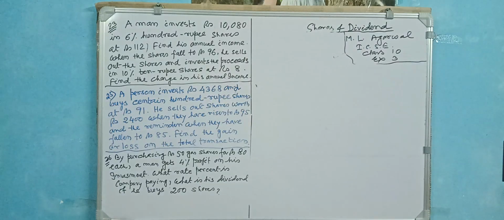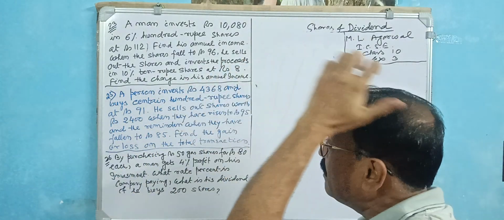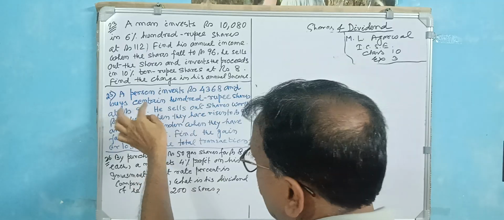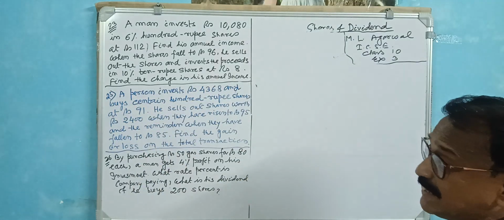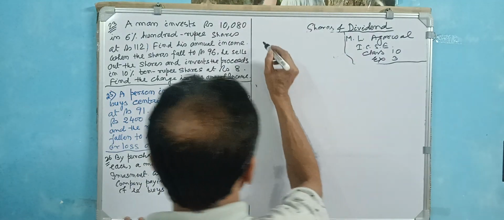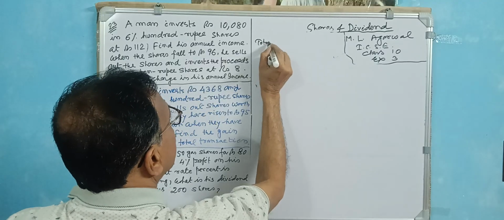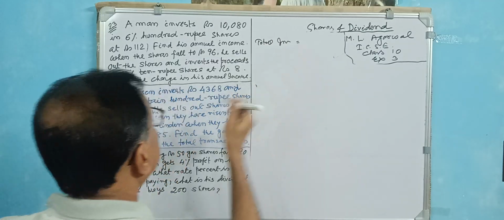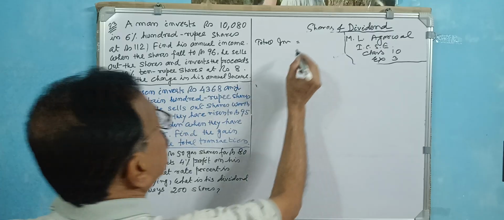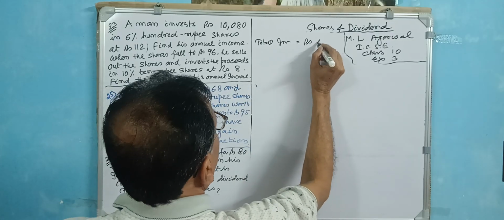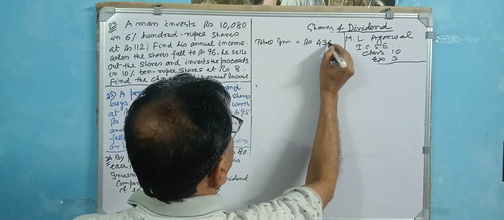Sum number 25. A person invests this and buys certain 100 rupees shares at this. So the total investment is rupees 4368.